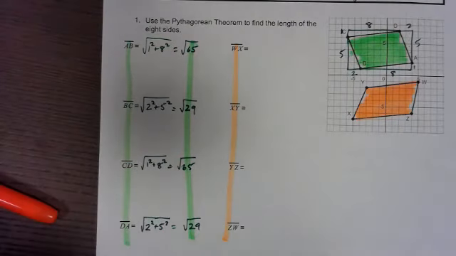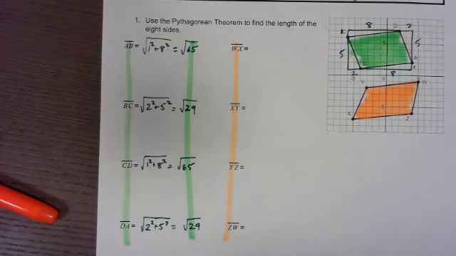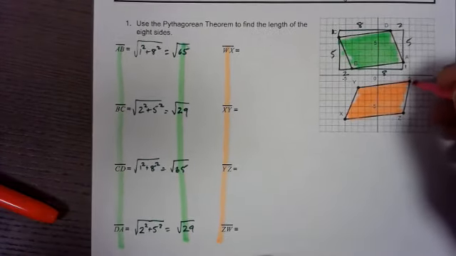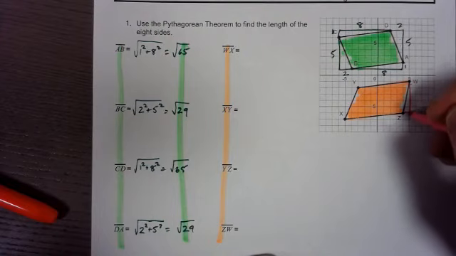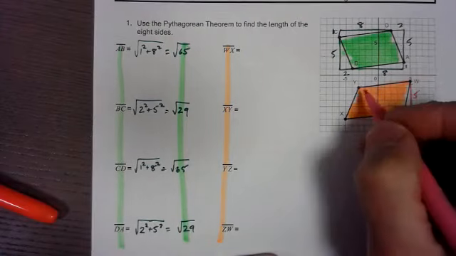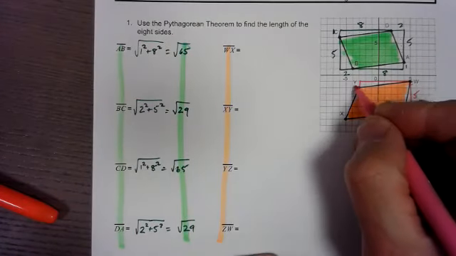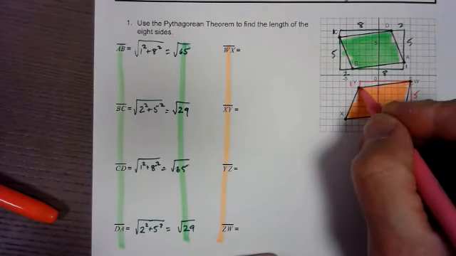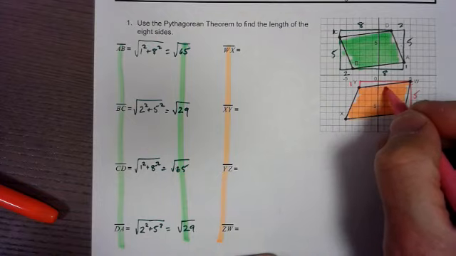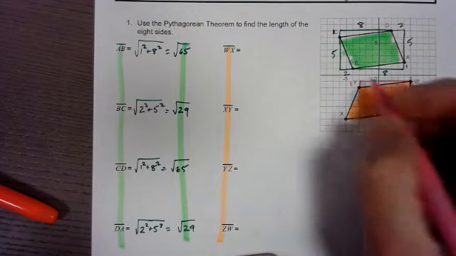See if I can find an orange marker. Oh, but I do have pink, and that's close enough. All right, so now let's build our triangles to do our Pythagorean theorem. I have 1 by 1, 2, 3, 4, 5. Now I have 1 by 1, 2, 3, 4, 5, 6, 7, 8, 9.